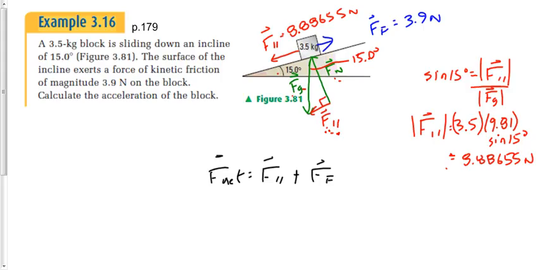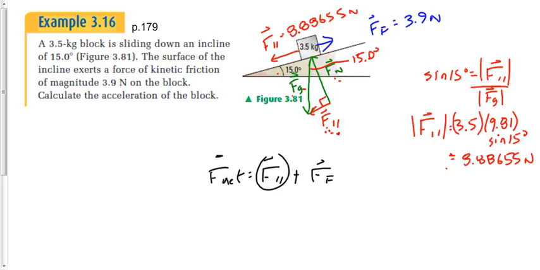Fn and Fg do not cancel out this time. So why didn't I include them? Good. Perfect answer. I did include them. I already included them. This force right here is already Fn and Fg.